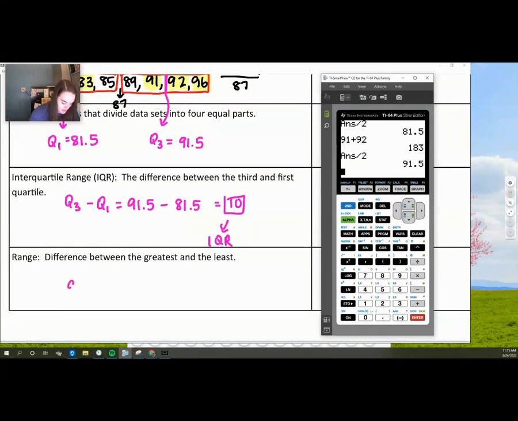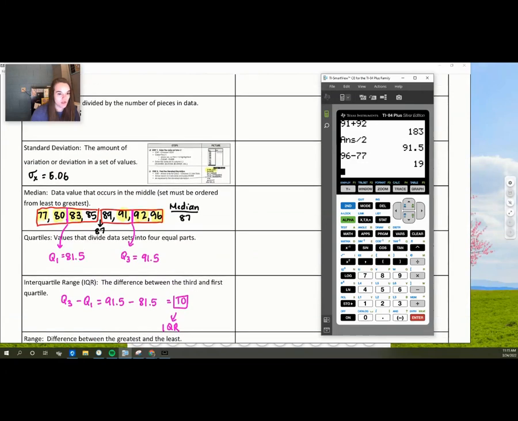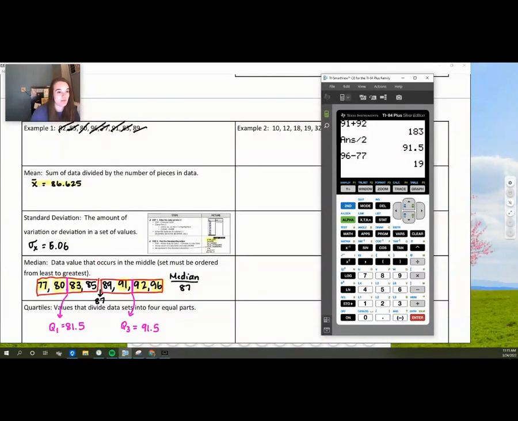It's literally the largest minus the smallest, which in our situation, you got 96 minus 77 is 19. Okay, so here are all our pieces. You are going to go back and do example 2 the exact same way. So pause the video and do example 2.